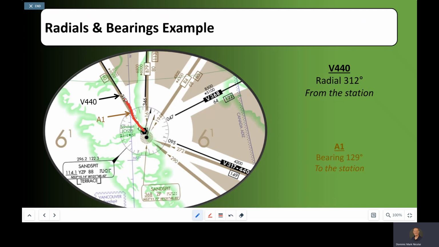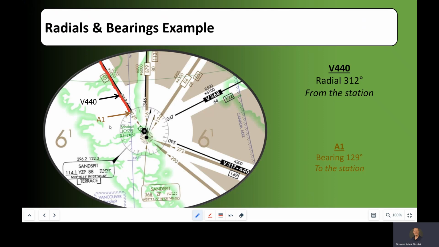It's got a 312 course on it. That's Victor 440. Of course, Victor airways are VOR based. But there's also this brown line paralleling it. And it's got a course of 129 degrees and the arrow pointing to the station. That's another airway. That's one of the colored airways.